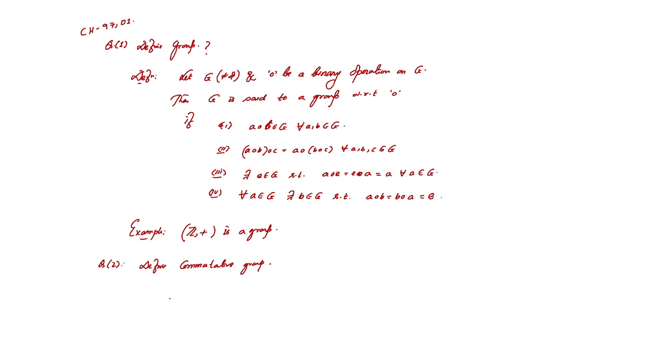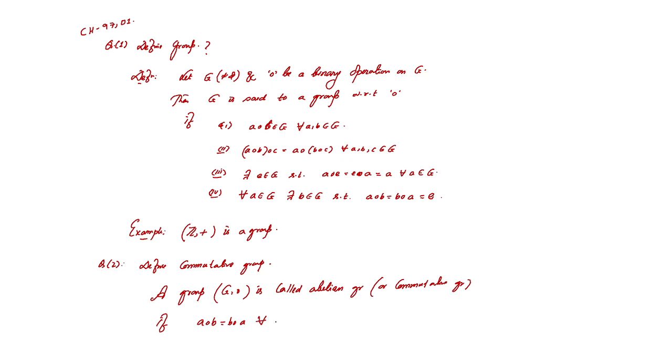A group (G, ∘) is called an abelian group or commutative group if a ∘ b equals b ∘ a.